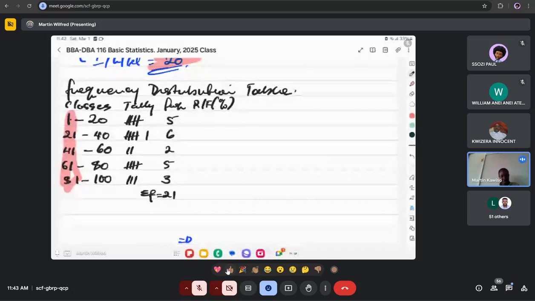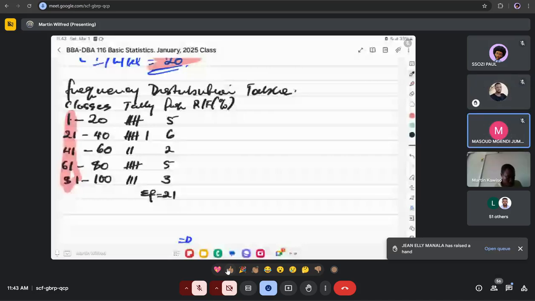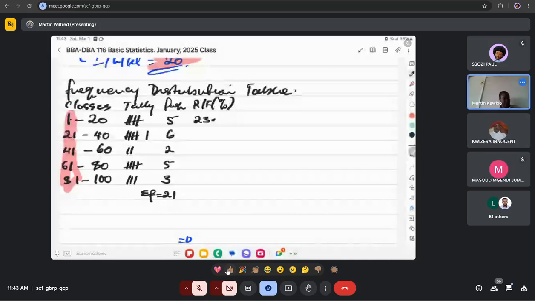So we have 5 divided by 21 times 100. What do you get? We get 23.81, isn't it? Two decimal points.